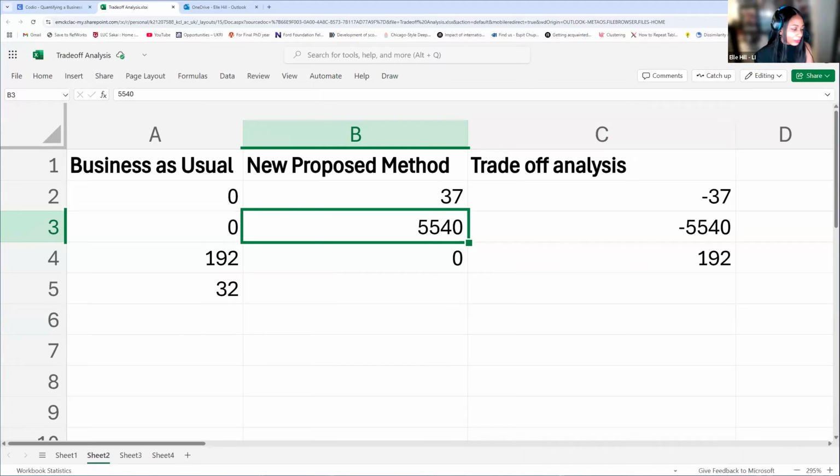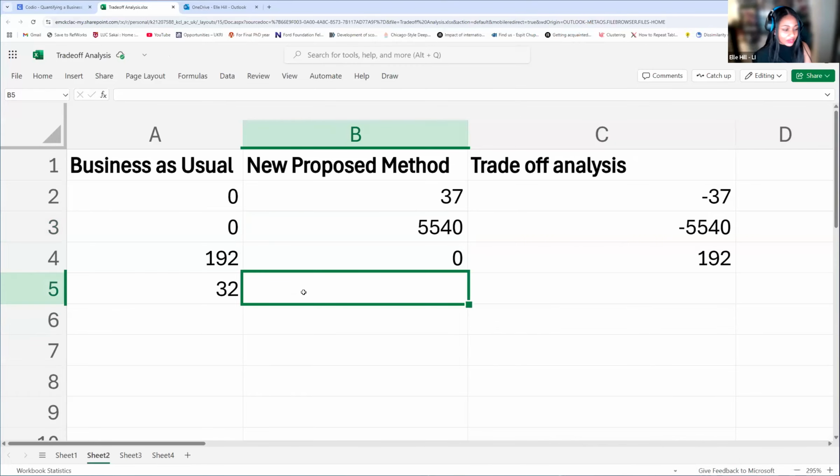So now, with our new proposed method, what are we going to have here? This part is a bit odd. So I see 9.5, I see 0, 9.5 per week.